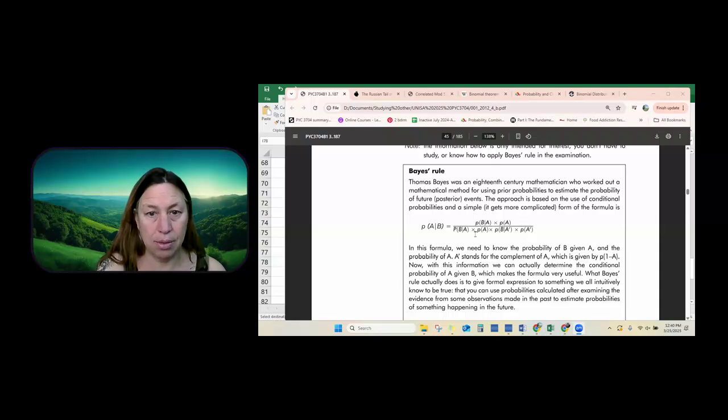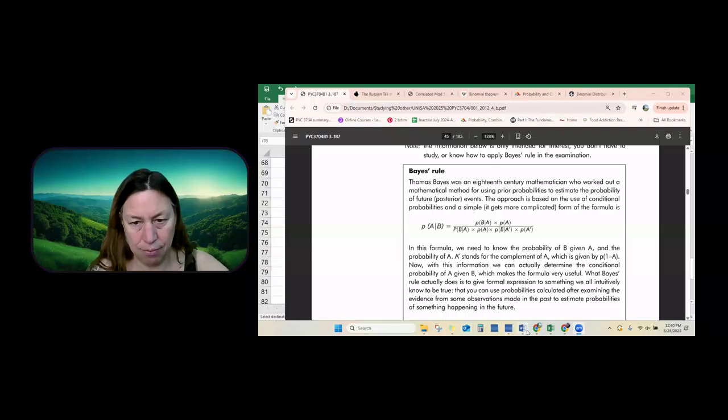So if you were looking at that, you could take those out because they're the same, and you would be left with 1 over the probability of B given the complement of A times the probability of the complement of A. So let's go and look at that formula in Excel as a probability tree.